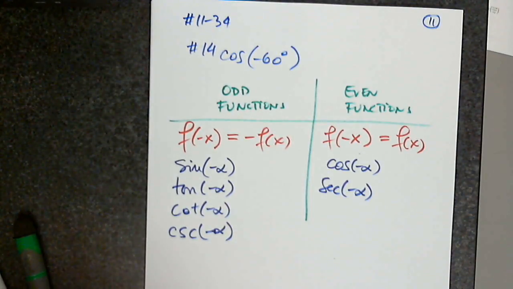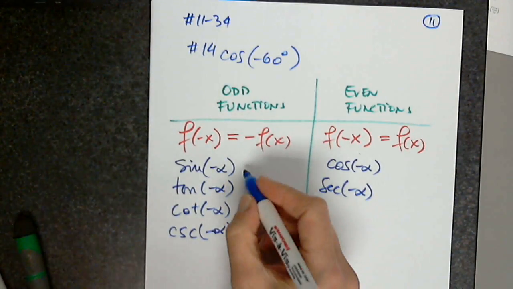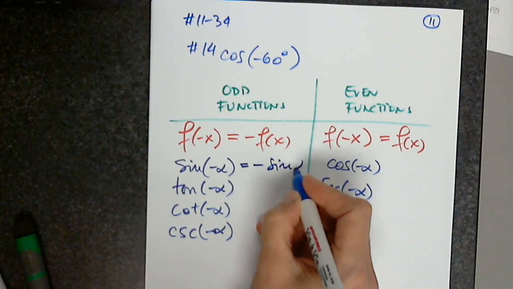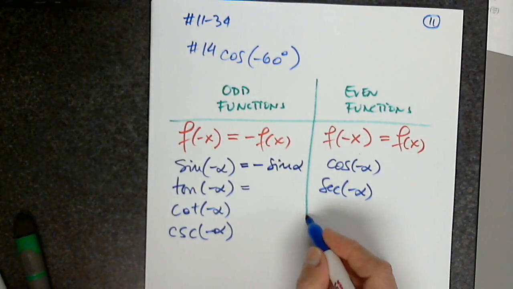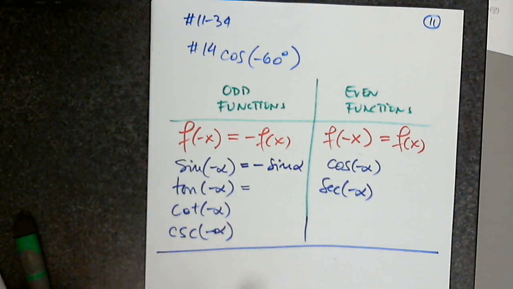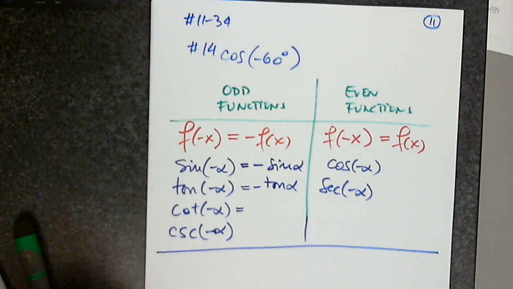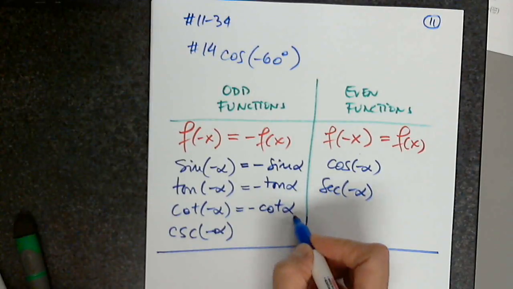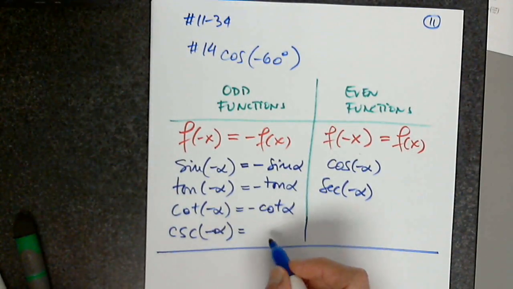So sine negative alpha must equal negative sine alpha. Tangent negative alpha must equal, very good, negative tangent alpha, cotangent negative alpha, and finally cosecant negative alpha must equal negative cosecant alpha.